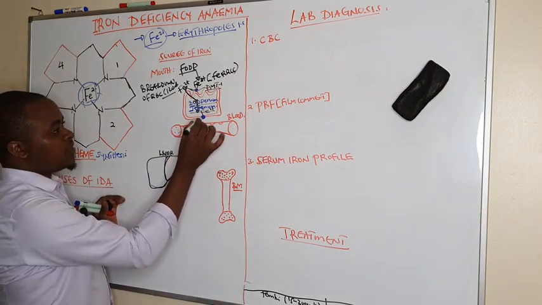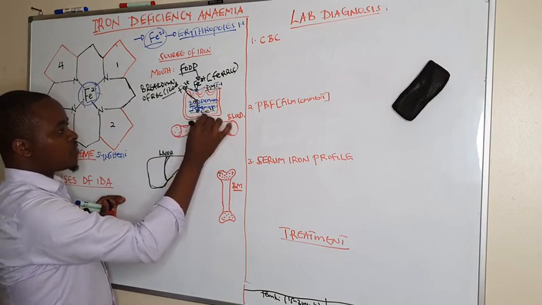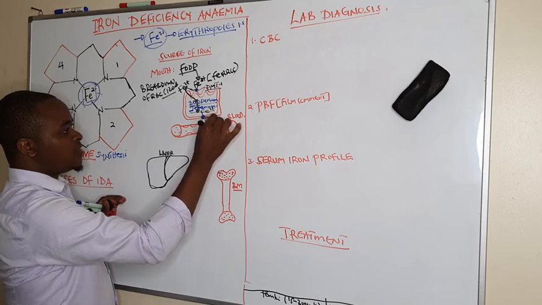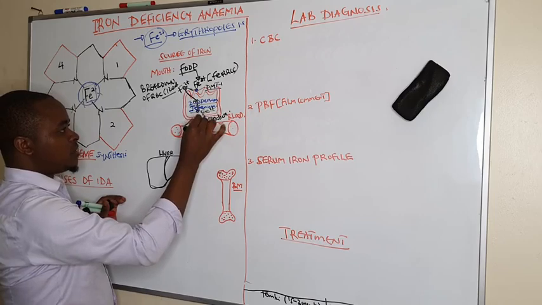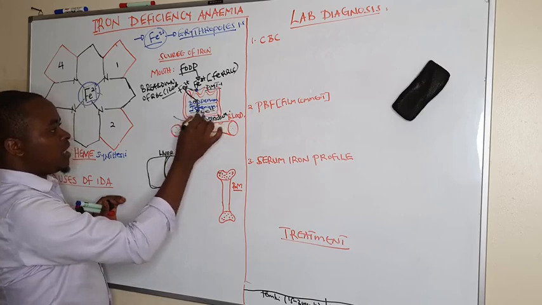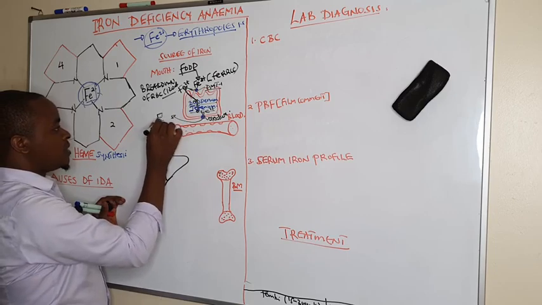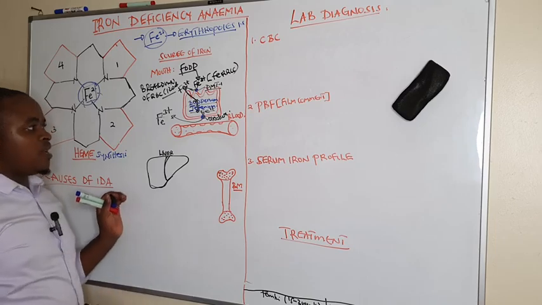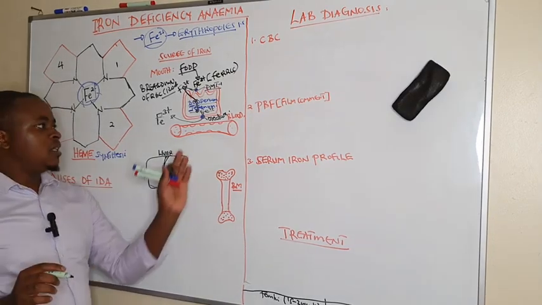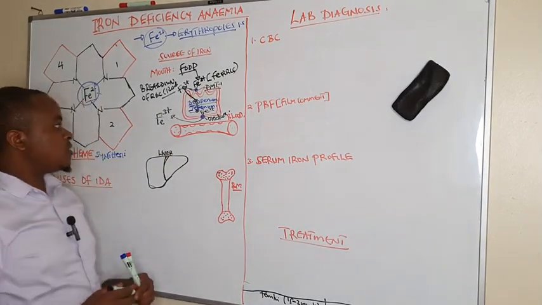There is another enzyme here, an oxidase enzyme, ferroxidase, which catalyzes the oxidation of iron 2 again to iron 3 on the basolateral side of the duodenal walls.